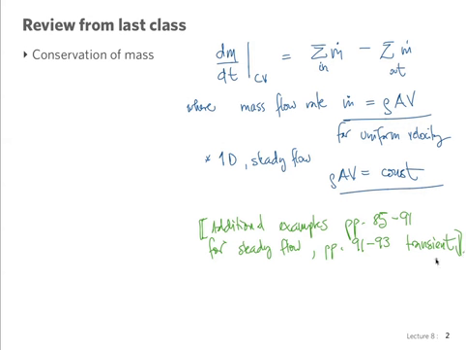I am not taking the examples from the textbook, but giving you other different examples so you'll have a greater variety available to you for practice and study. Okay? That's conservation of mass.